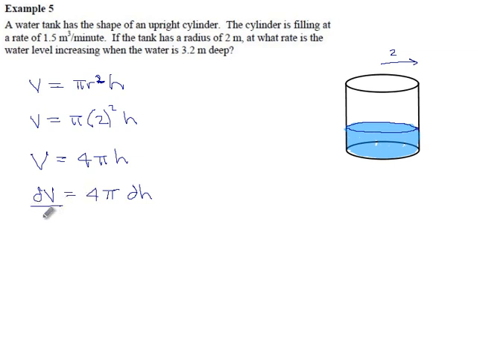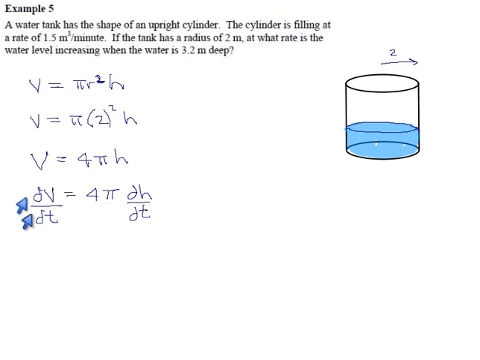If we want a derivative with respect to time, we divide both sides by dt. And there we are. dV/dt is our volume change, which is 1.5 cubic meters per minute. 4 pi is a constant, and then we have dh/dt, which is how fast the water level is changing.